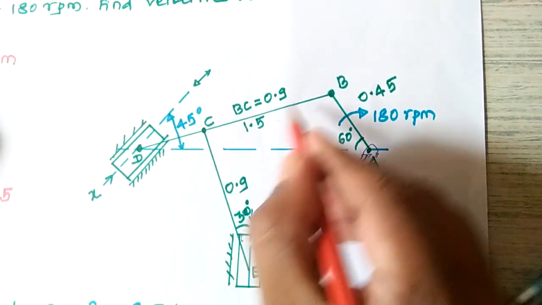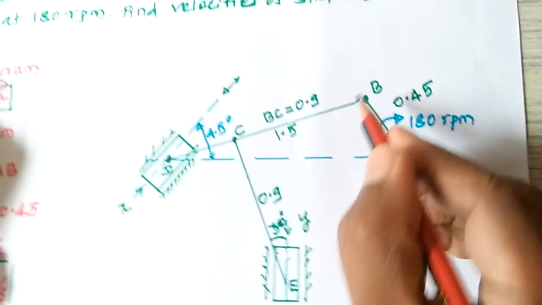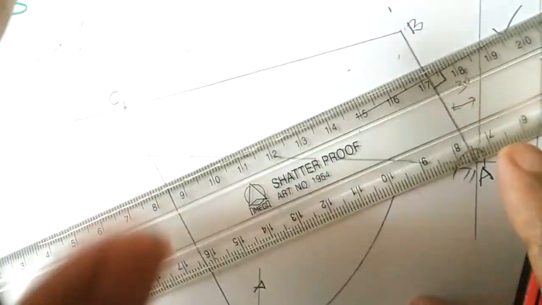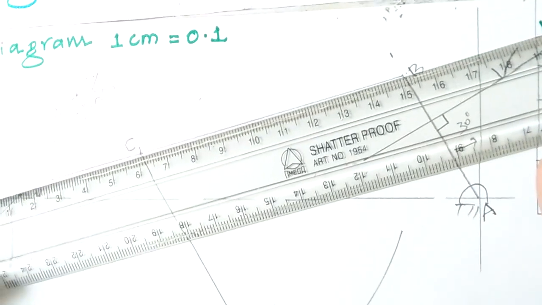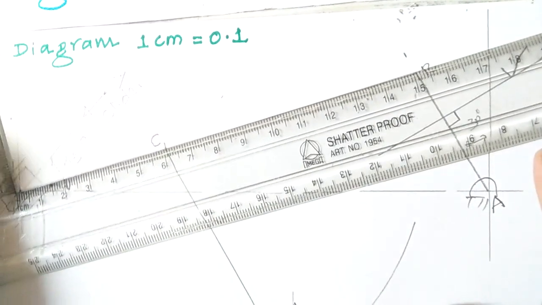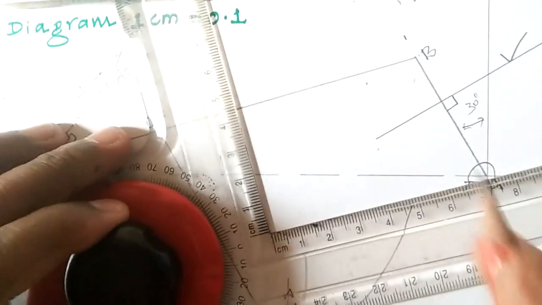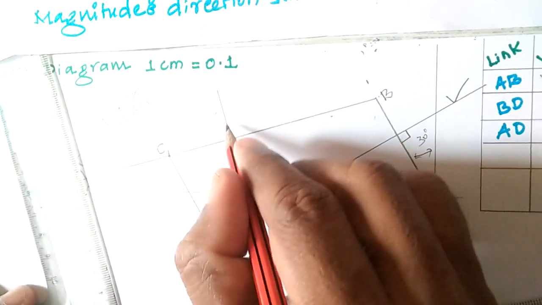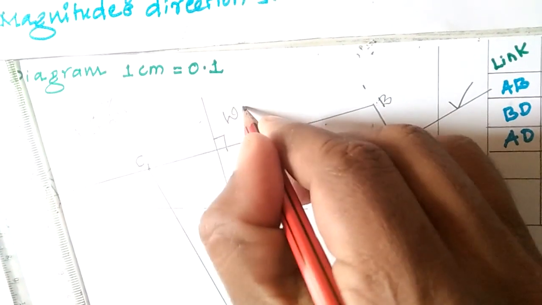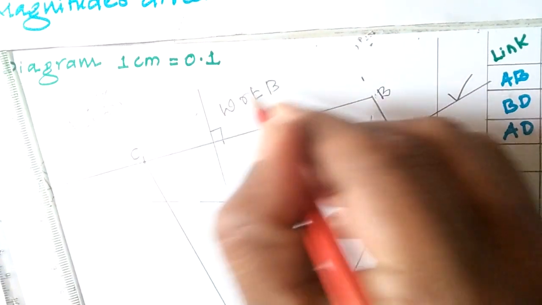Velocity of D with respect to B. Here I will draw this one, velocity of D with respect to B. You don't know the magnitude and you don't know the direction. You have to go for the line of action, that is the perpendicular with respect to B. Clear? With respect to B it is a perpendicular.